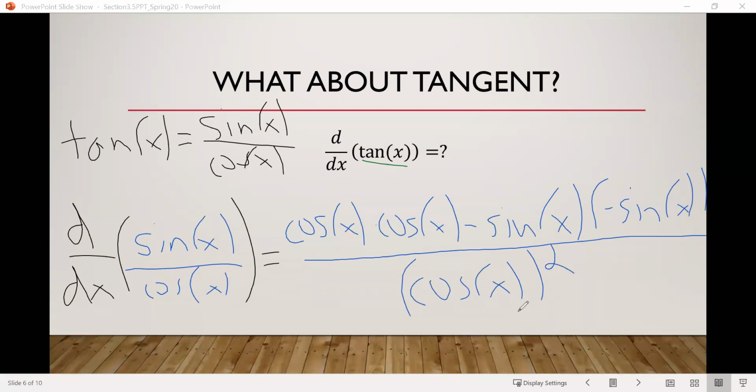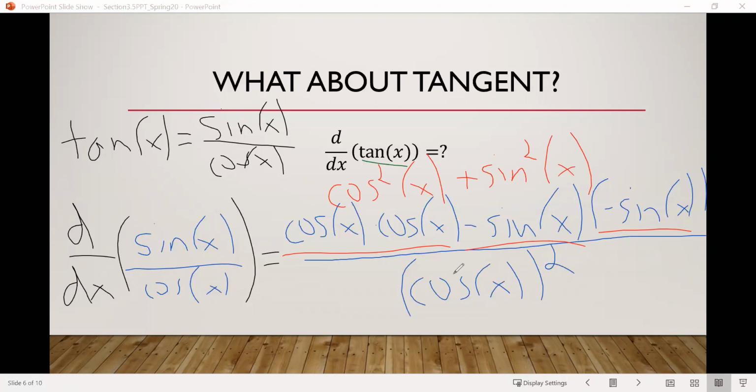You may be looking at this and thinking, geez, this looks like a big mess. But notice on the top here, we have cosine times cosine, that'll give us cosine squared. Here we have a negative sine times a negative sine, which would be a positive sine squared. So the top has become cosine squared plus sine squared, but do y'all remember that special identity?